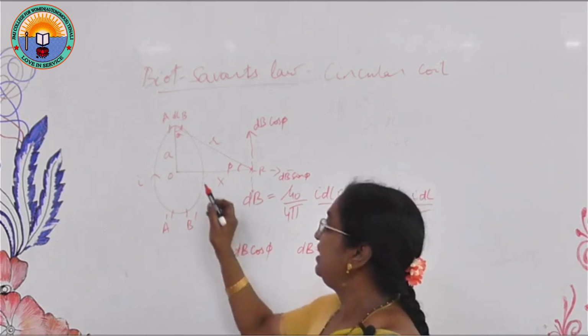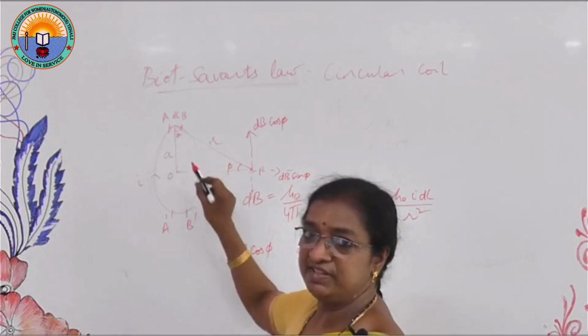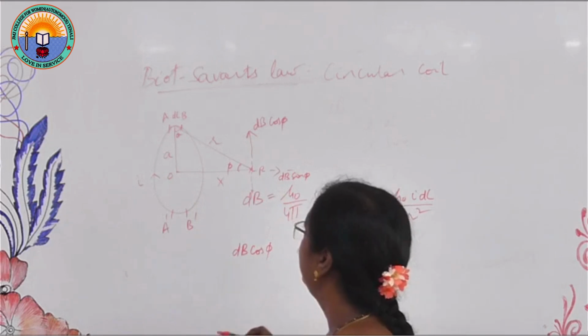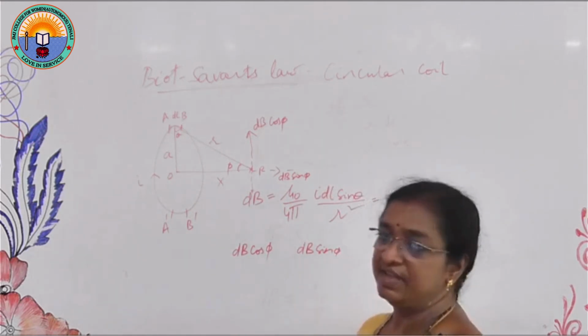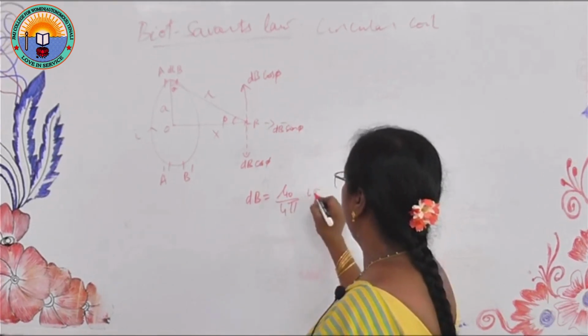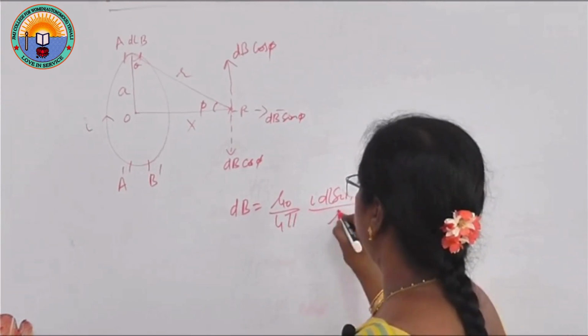Similarly, if we divide this whole coil into a number of elements, each of length dl, each element produces magnetic induction at the point P. Vertical components get cancelled. dB is equal to mu naught by 4 pi I dl sin theta by r square.